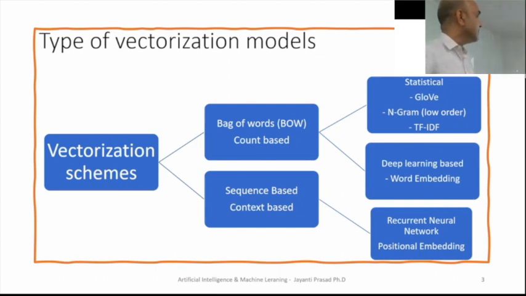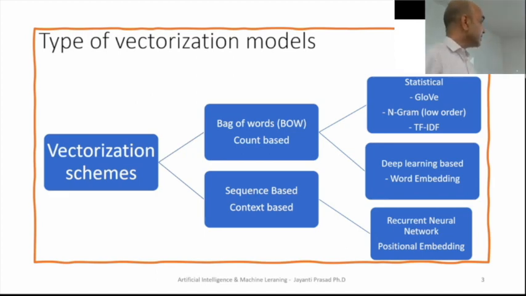So in the right column, you see that statistical models are there, GloVe, or n-gram based models. Some of these things are covered in the first lecture. And then we can have term frequency inverse document frequencies. On that course page, there are enough links for tutorials which you can further follow.